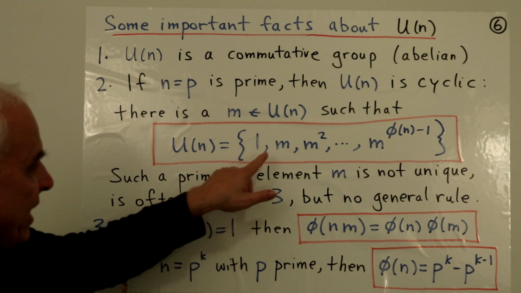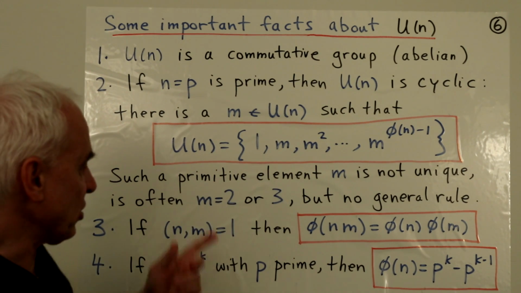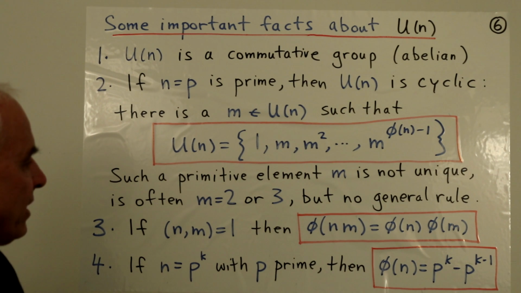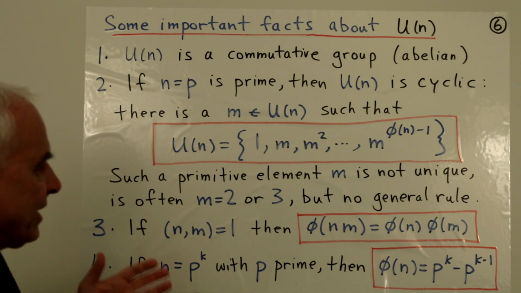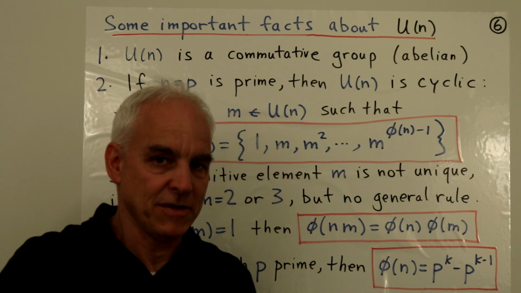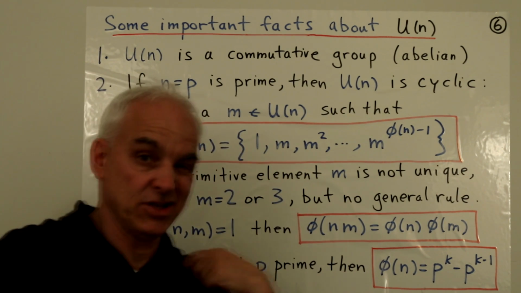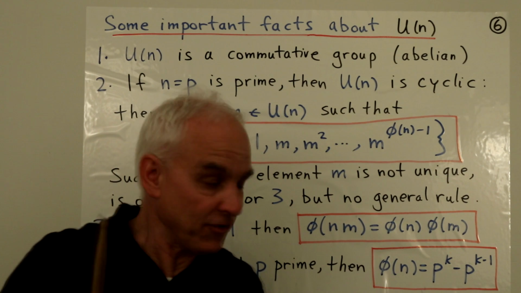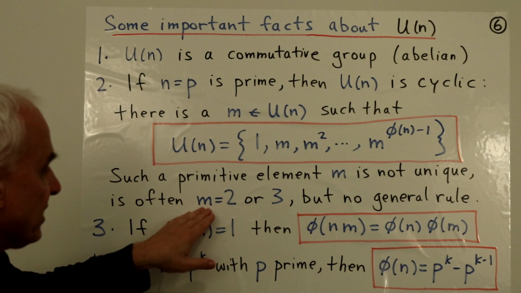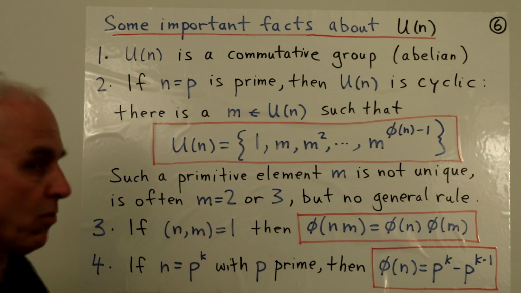Now, such an element is rather special. It's called a primitive element. It's in general not unique, but it's a little bit mysterious how to find such a primitive element for a general prime p. In fact, it's not just a little bit mysterious, it's very mysterious. In many cases, the smallest obvious examples of m equals 2 or 3 will work.